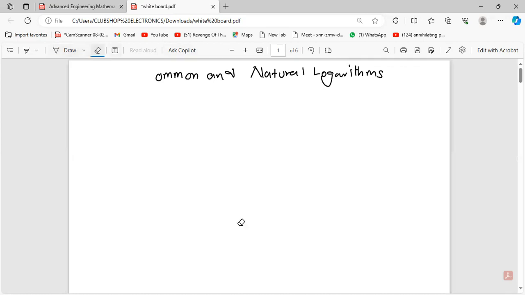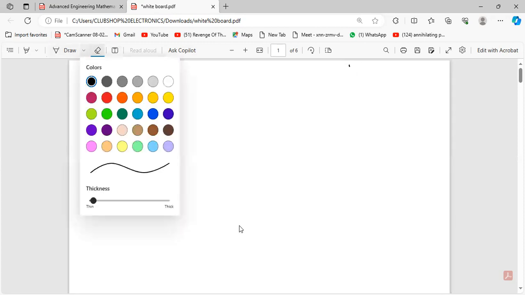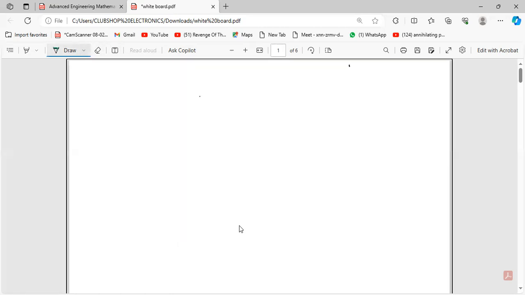Let me write it nicely. We are talking about common and natural logarithm. Okay, that's what we are talking about.